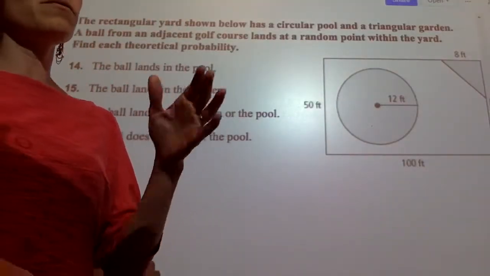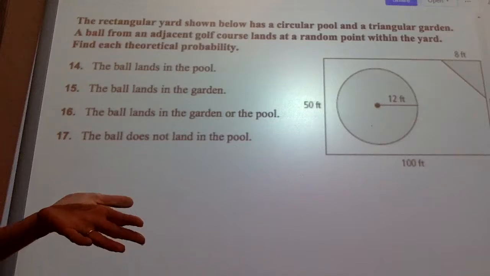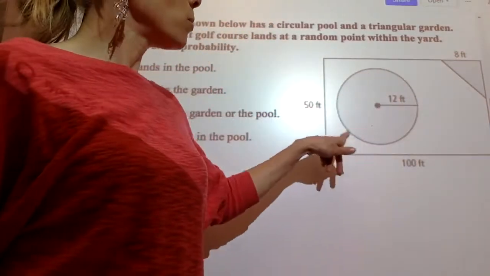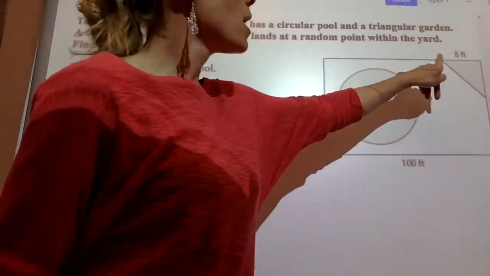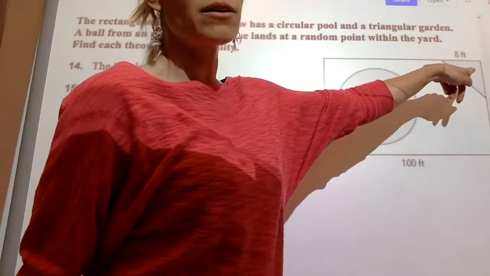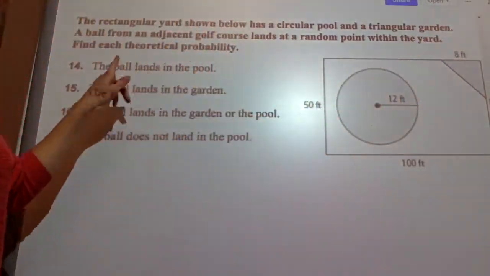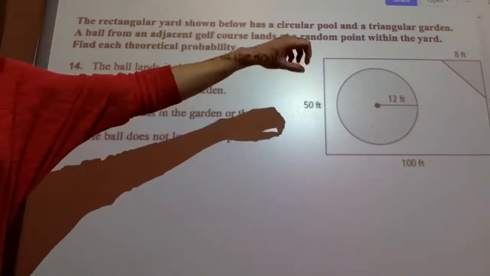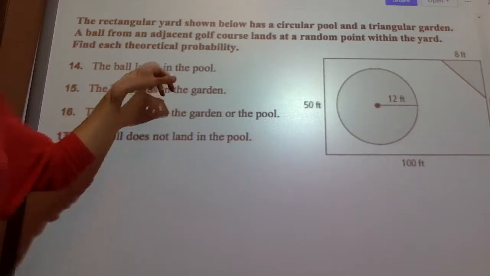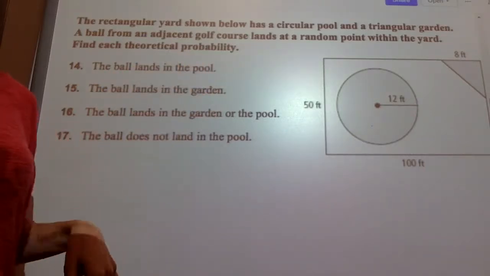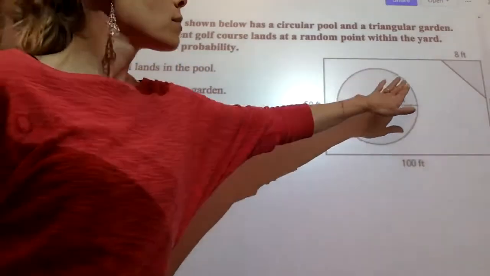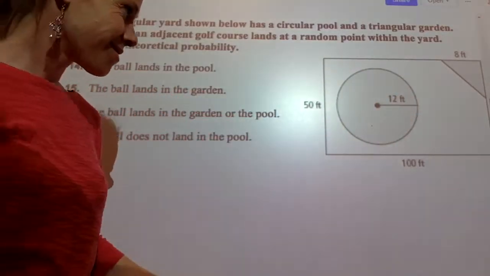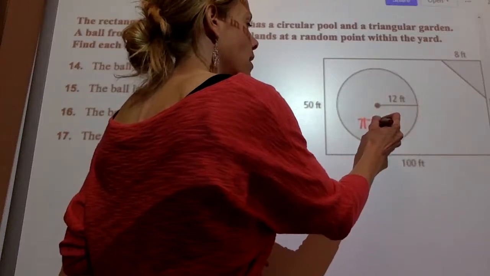Probability, again, is just favorable area over total area. So here is my backyard, and I have a pool, that's the circle, the pool, and this triangle over here is my garden. So if I live next to a golf course and a ball lands in my yard, what's the probability the ball lands in the pool? So my favorable area would be the swimming pool. What's the area of a circle? Pi r squared.